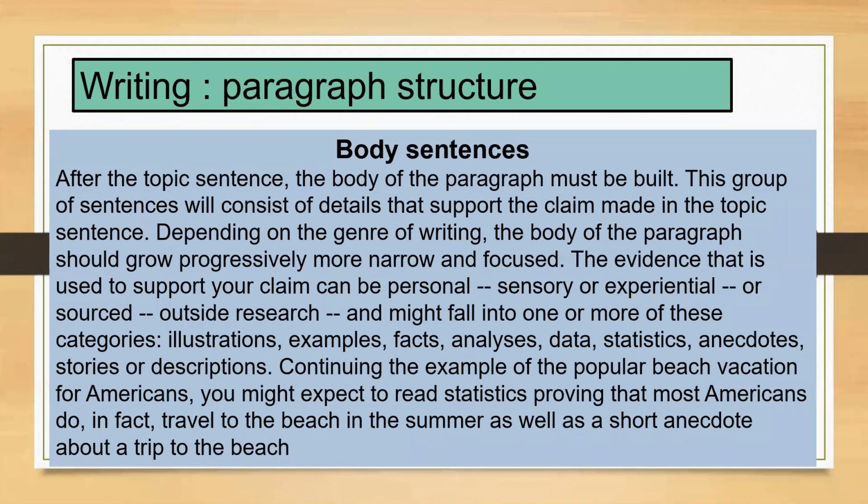After the topic sentence, the body of the paragraph must begin. This group of sentences will consist of details that support the claim made in the topic sentence. Depending on the genre of writing, the body of the paragraph should grow progressively more narrow and focused.